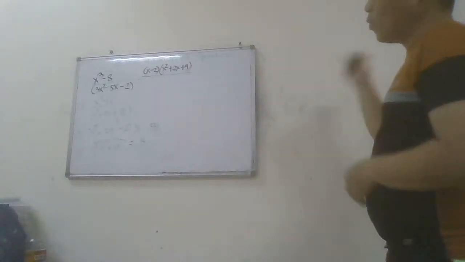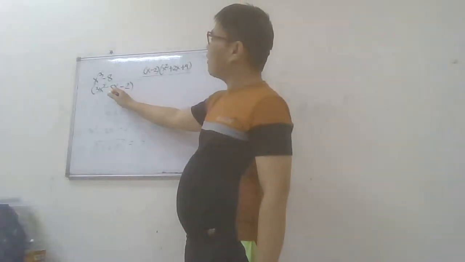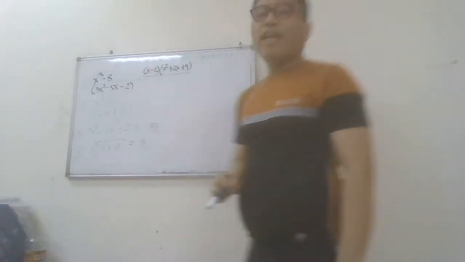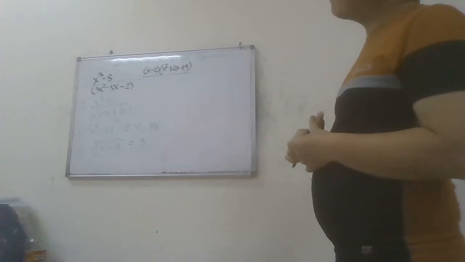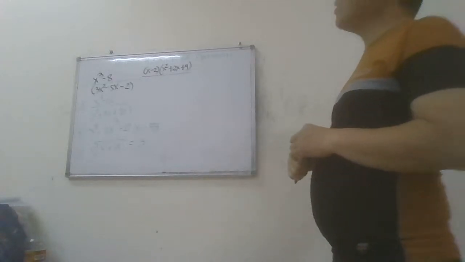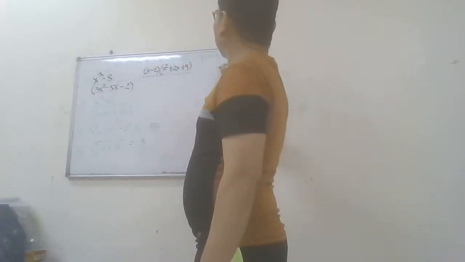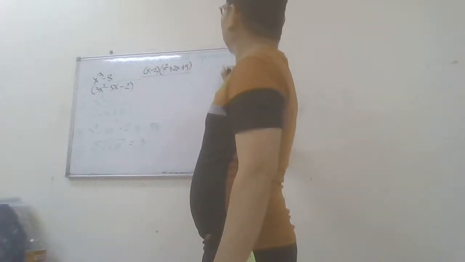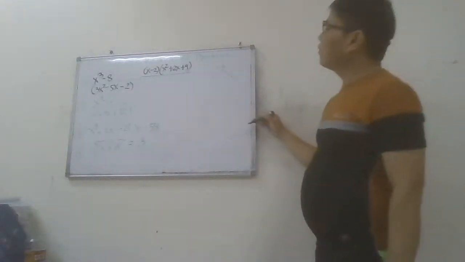Now in the denominator, we have 3x squared minus 5x minus 2. Then we're going to factor that one, but it's not easy to factor. We're going to use the method of multiplying the 3 and negative 2, which is equal to negative 6. We need two numbers that multiply to negative 6 and add to negative 5.